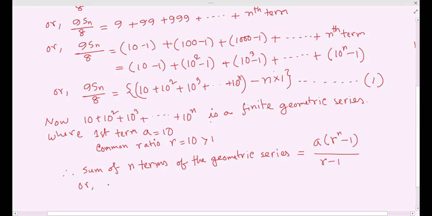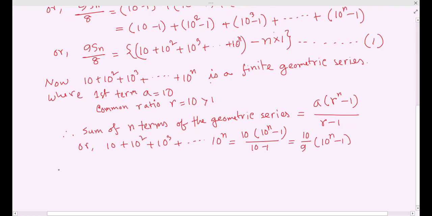So 10 plus 10 square plus 10 cube plus ... 10 to the power n, the sum of n terms of the series, is 10 into 10 to the power n minus 1 divided by 10 minus 1. Putting the value of a and r, we have got this. So we can say that it is 10 by 9 into 10 to the power n minus 1.